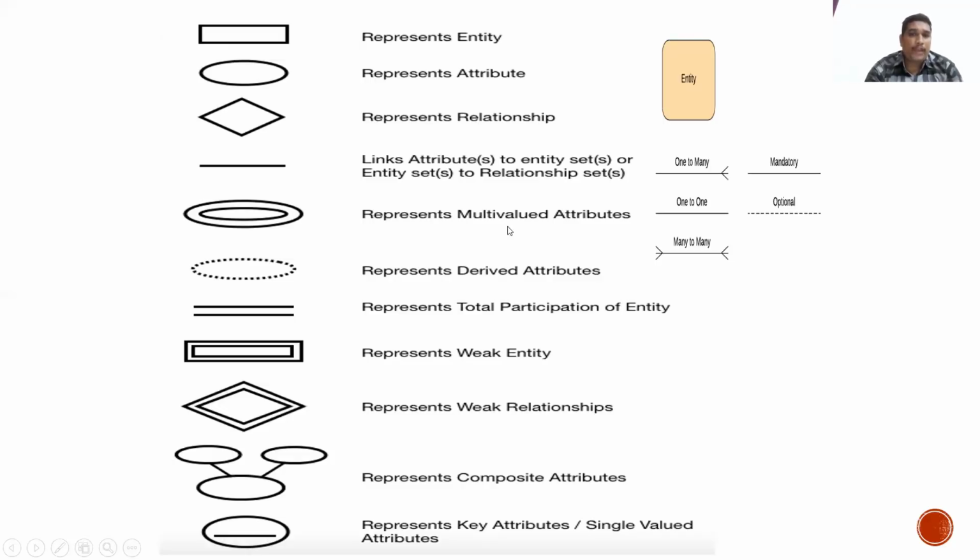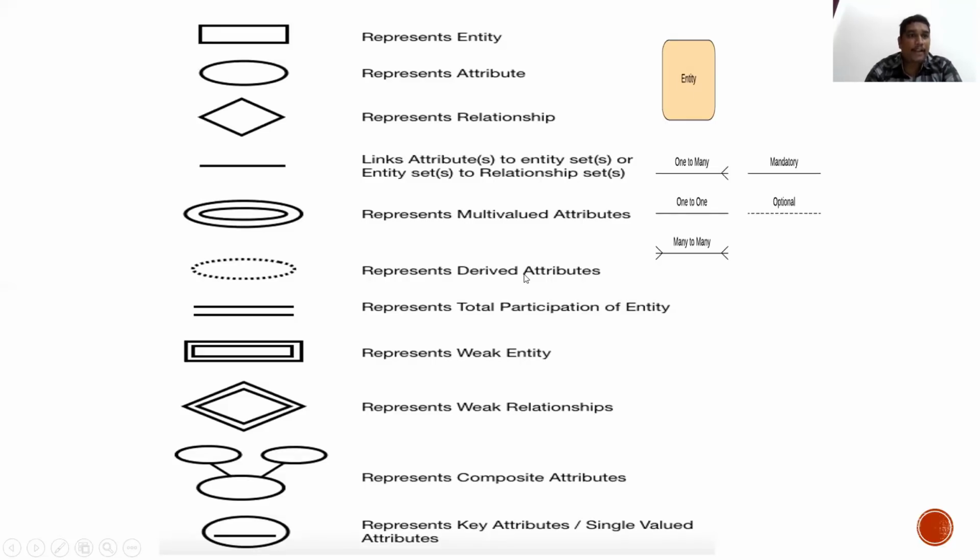If we have a multi-value attribute, or composite attribute, it is an attribute which is further decomposed. For example, address can be divided into properties like door number, area and street. This is represented as a double ellipse.